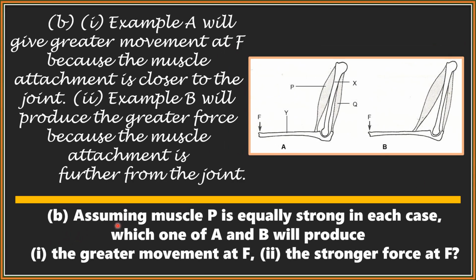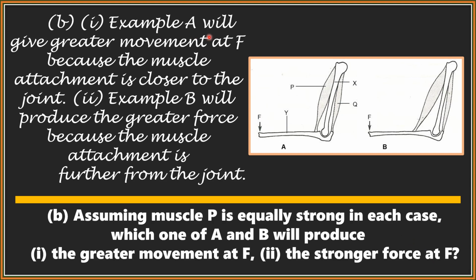B. Assuming muscle P is equally strong in each case, which one of A and B will produce, one, the greater movement at F, two, the stronger force at F?